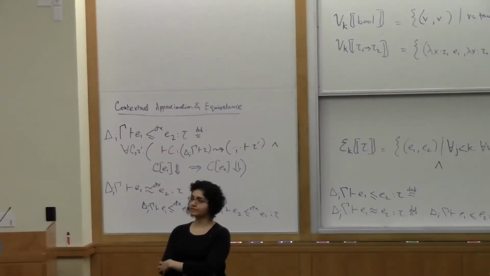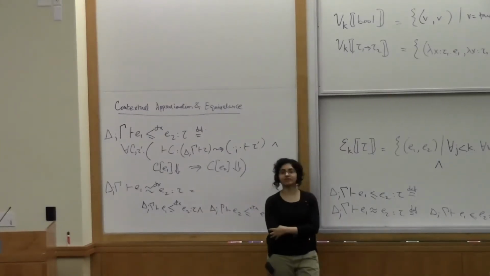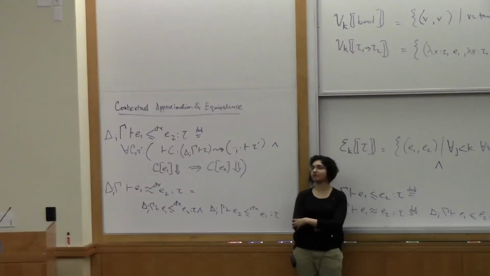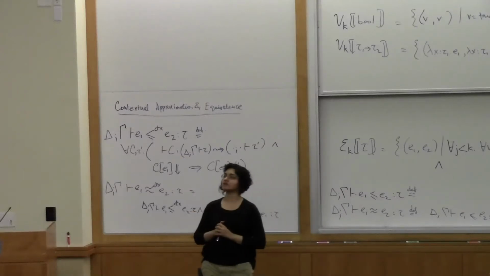I think that's fair. If you want to apply that sort of intuition here, you have to keep in mind that the K is a bound on the sort of observation power of the context on one side.